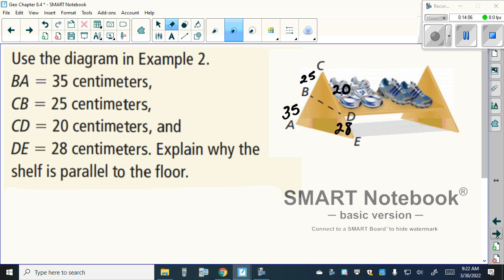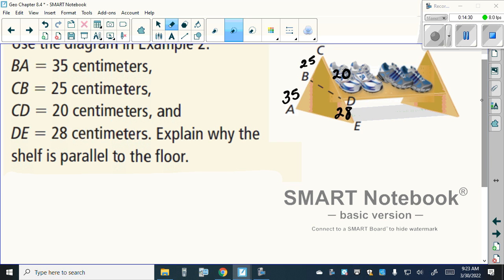Okay, maybe we can use that on this one. 25 and 35, smaller over bigger. Is that the same kind of setup on the other one? Well, yeah, because 20 is smaller than 28. Does that guarantee that they're going to be proportional? No, but it does give us a better likelihood, yes?